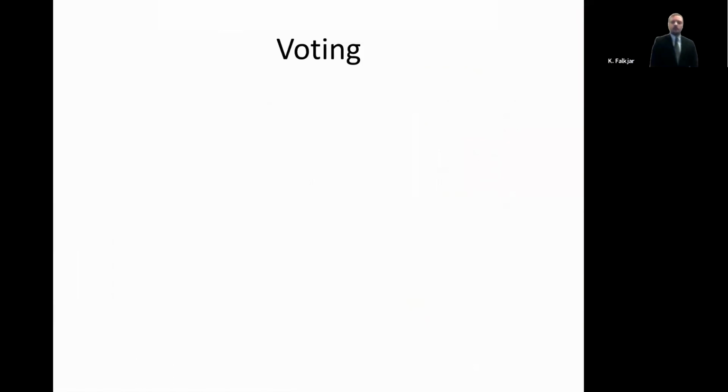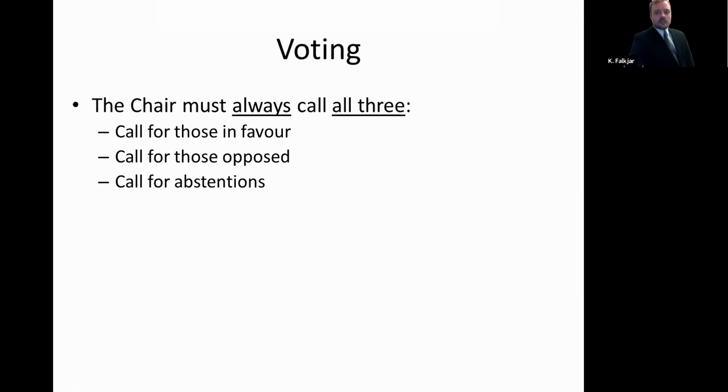Now, how do we look at voting? Think of the secretary who is taking minutes for all these. This is why the chair shall always call all three: those in favor, those opposed, and those abstaining.